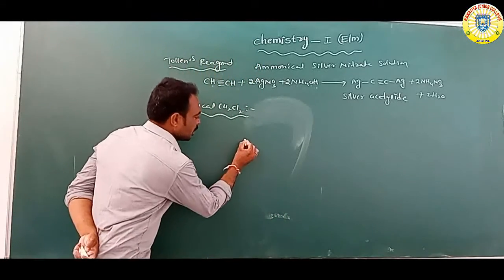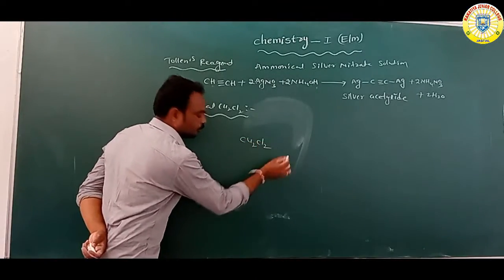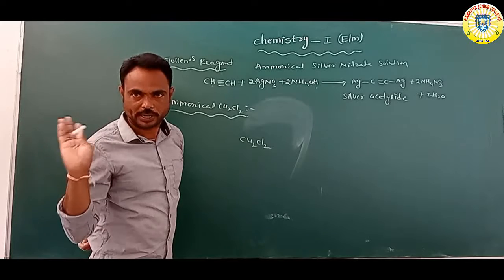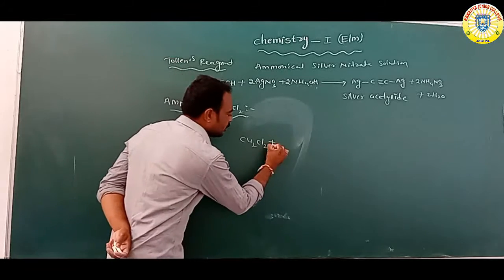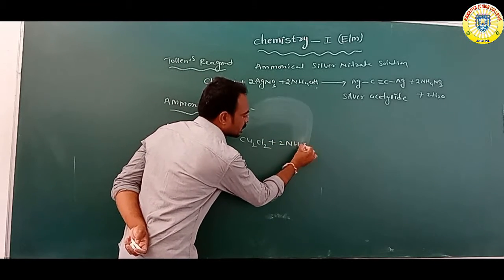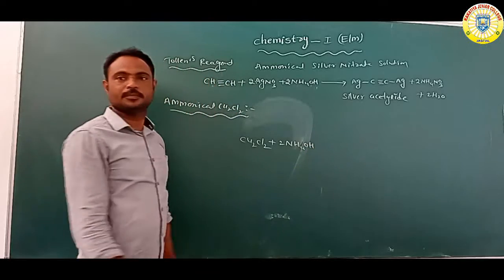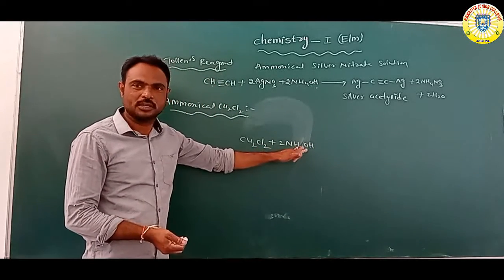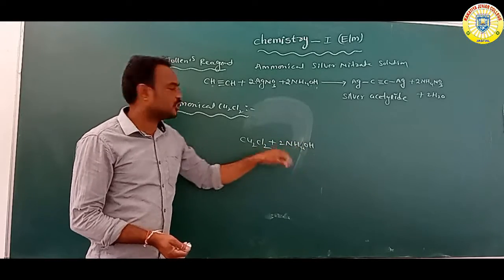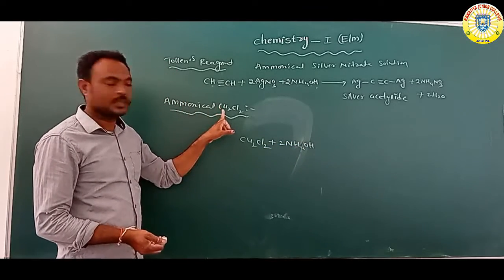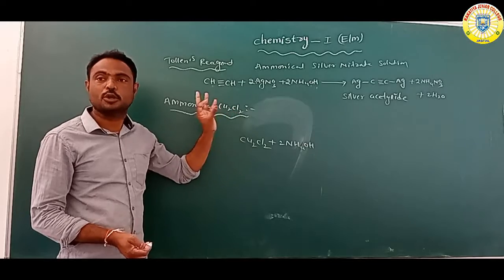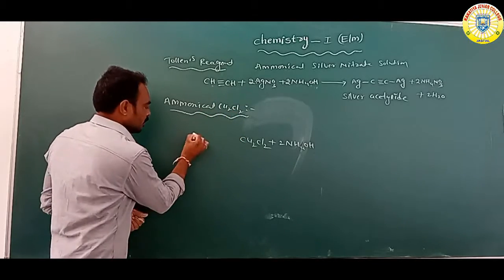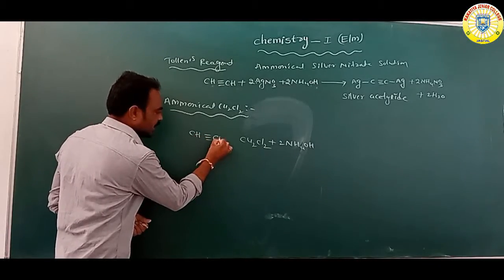Number one, Cu2Cl2, cuprous chloride or copper chloride. And next one, ammonium hydroxide NH4OH. These two in combination are called ammoniacal cuprous chloride.